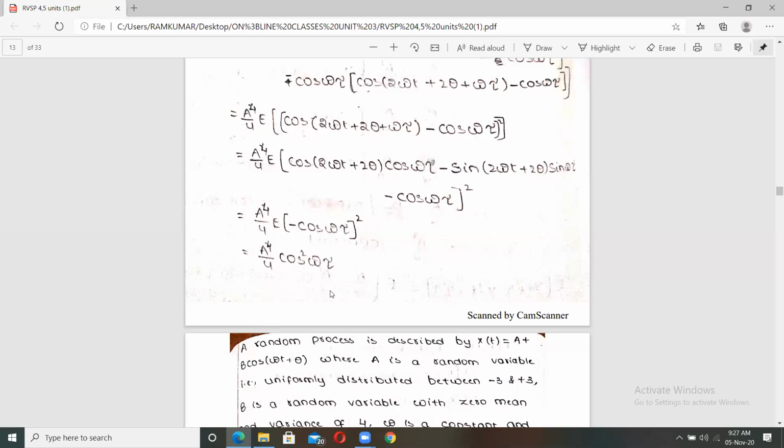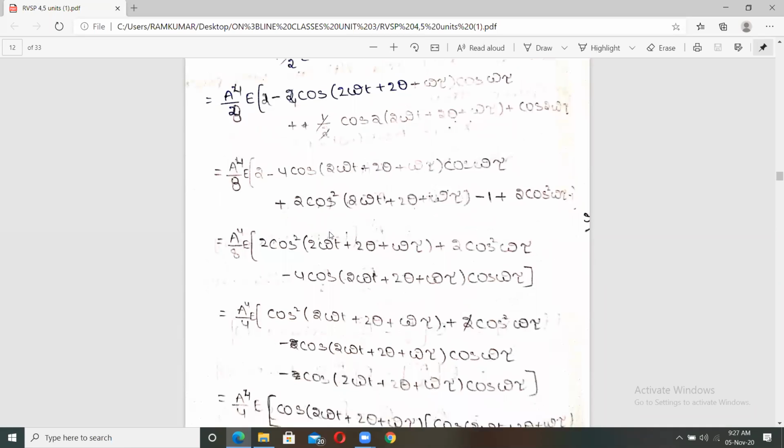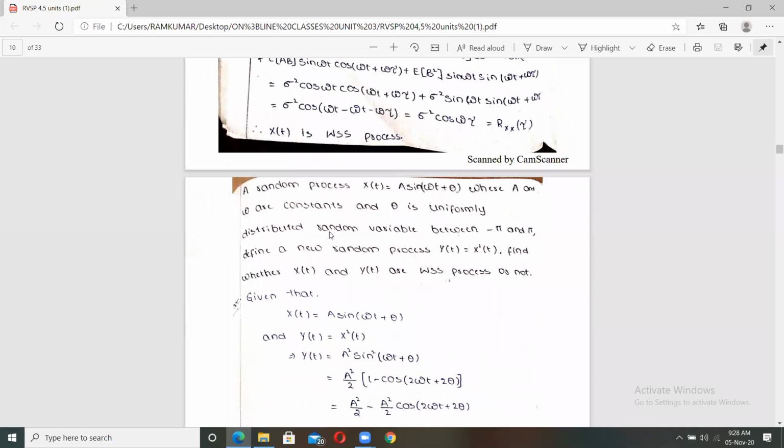And finally, y of t is a wide-sense stationary process, right? He asked in the problem to find whether x of t and y of t are wide-sense stationary or not. Now we have checked whether y of t is wide-sense stationary.